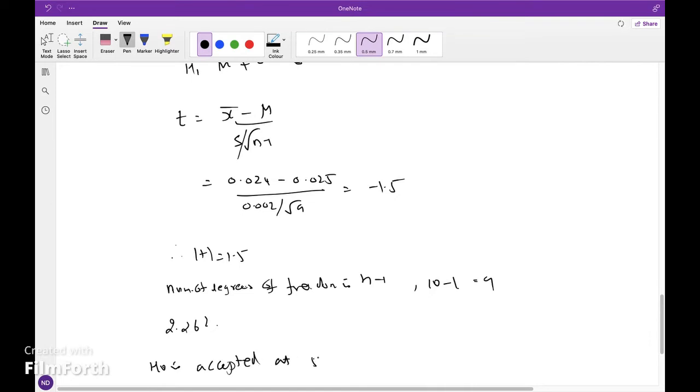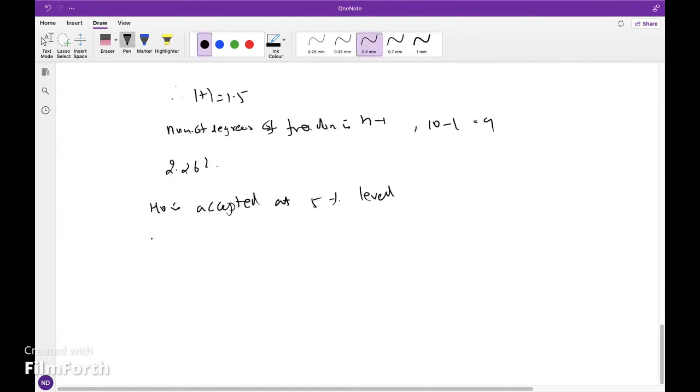So H naught is accepted at 5% level of significance, since the calculated value of t is less than the table value.